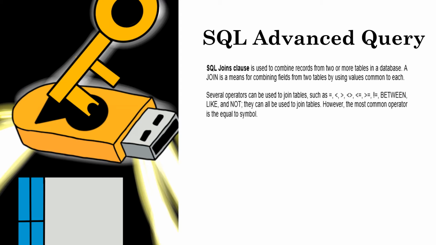Several operators can be used to join tables, such as the equal sign, less than, greater than, not equal, less than or equal, greater than or equal, between, like, and not. They can all be used to join the tables. However, the most common operator is the equal symbol.